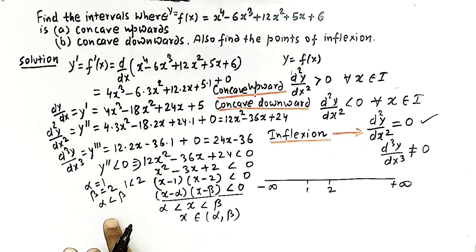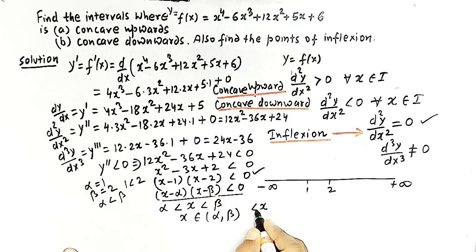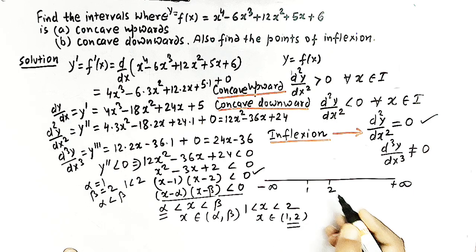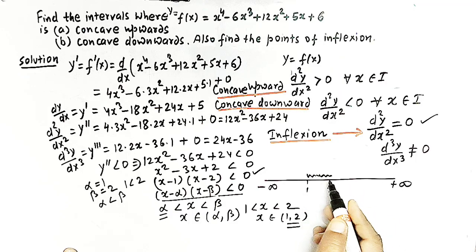So here the solution of this inequality, which is of this form, is given by x greater than 1, alpha is 1, beta is 2. So here we have 2, or we can write x belonging to 1 comma 2, right? So this is the region where this function is concave downwards, right?